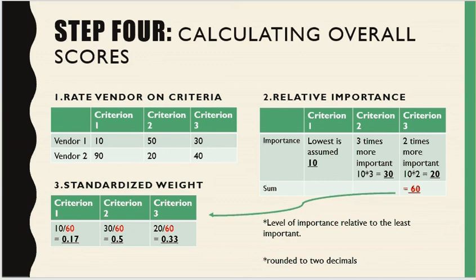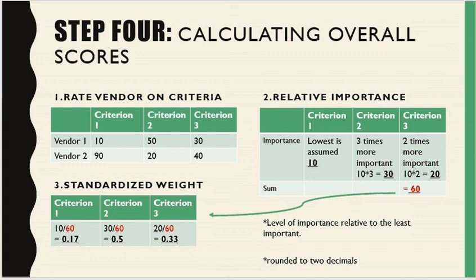So for the lowest one, that's going to be assumed a value of 10. And then each other criteria is going to be evaluated relative to that. So, for example, in this case, if criterion 2 is 3 times more important than criterion 1, the value for that is going to be 3 times 10, which is going to be 30.